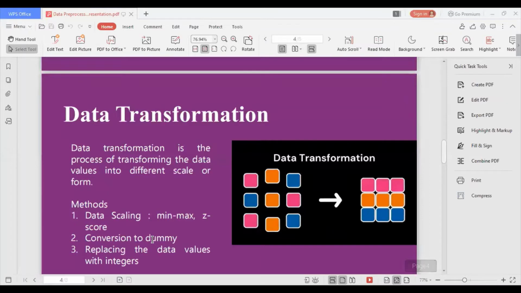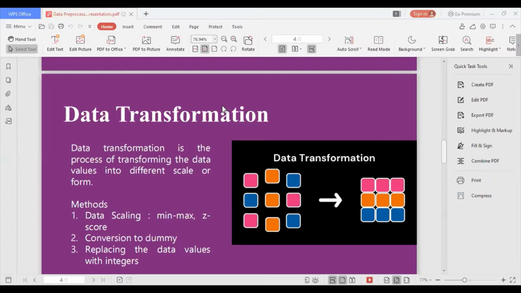So we also have the data transformation method. In data transformation, we rescale the data set into a standard form, or a form that is suitable for machine learning operations. Do you get that? For example, you might have collected data on salaries of people in different countries, or salaries in different currencies.